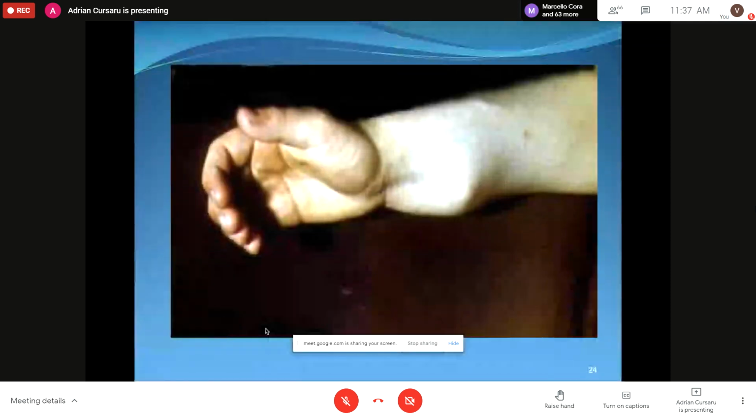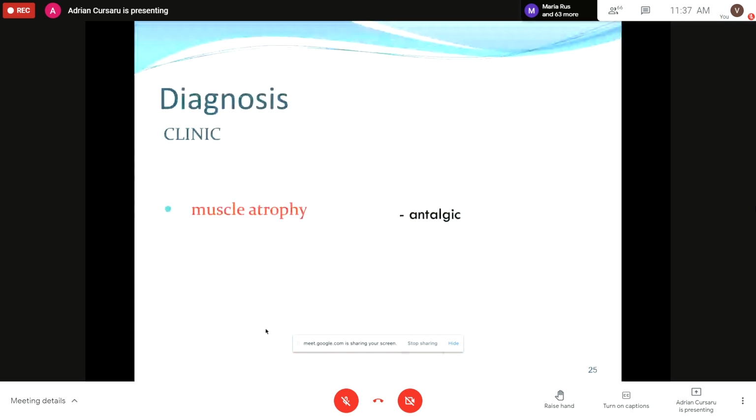That's an example of a bone tumor on the forearm, and you can see very well the tumefaction in that case because of the infiltration of the tumor. The muscle atrophy is represented by the pain, by the antalgic posture, and in most cases, when we are not immediately making the diagnosis, muscle atrophy could appear secondary to the antalgic position.